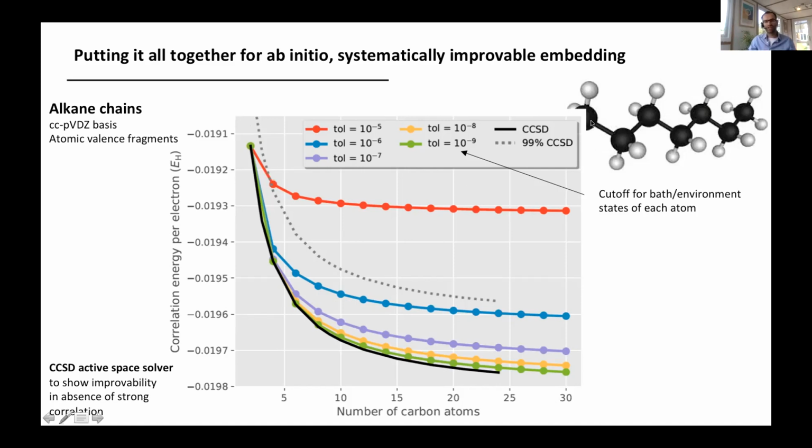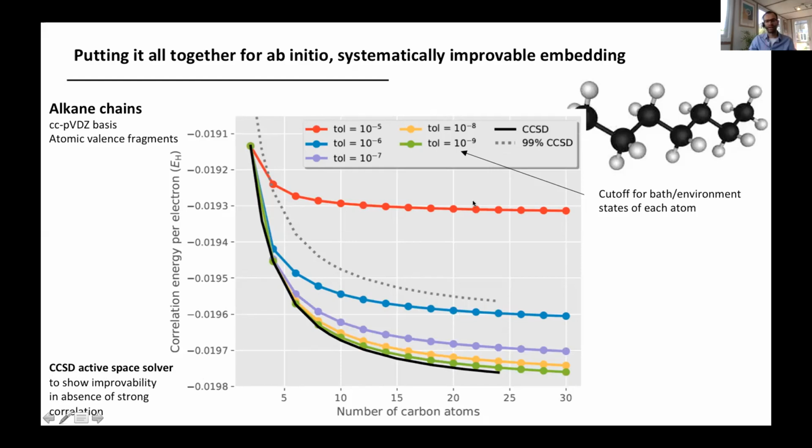So I'm going to look at alkane chains, taking as my fragment individual carbon atoms. What I find is, as I change the tolerance for the cutoff of these bath degrees of freedom, these environmental fluctuations, and look at the correlation energy per electron as I grow my system, I can very rapidly converge to the coupled cluster level of theory, which is the right limit given that I'm solving these active spaces with coupled cluster.